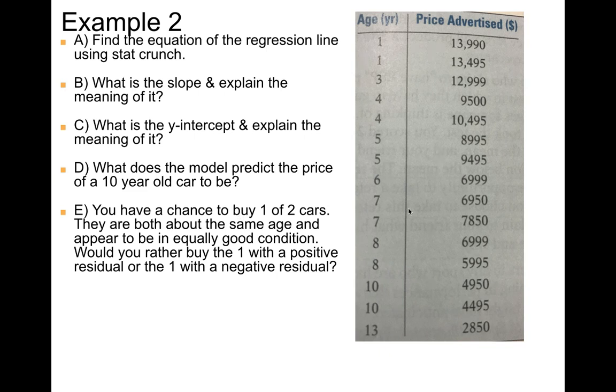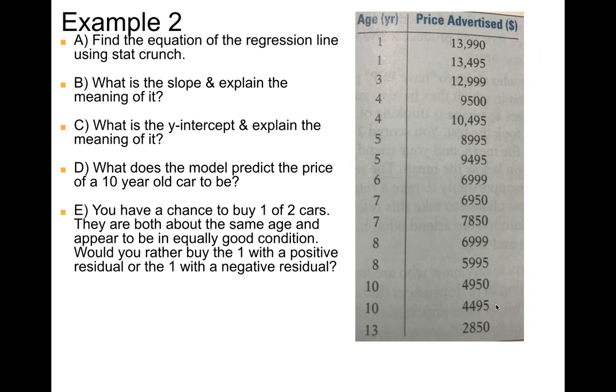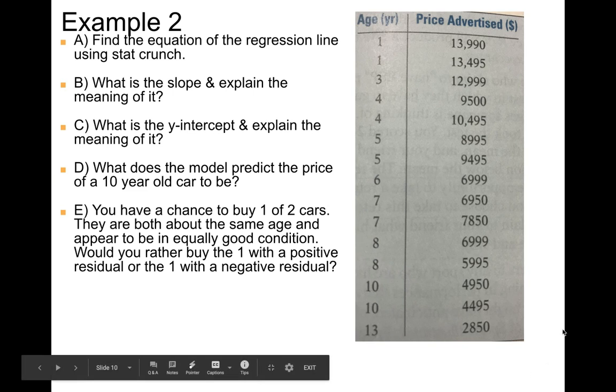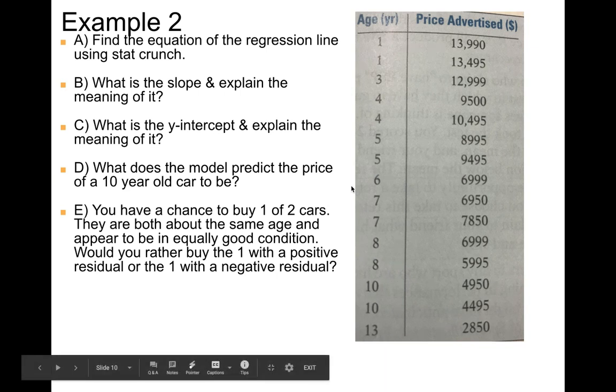You can see the older the car is, the value of the car tends to be lower, and that's what we would expect. So I took this data and put it in a StatCrunch spreadsheet. I went to open StatCrunch, and I put this in one column, and this in a second column right next to it.